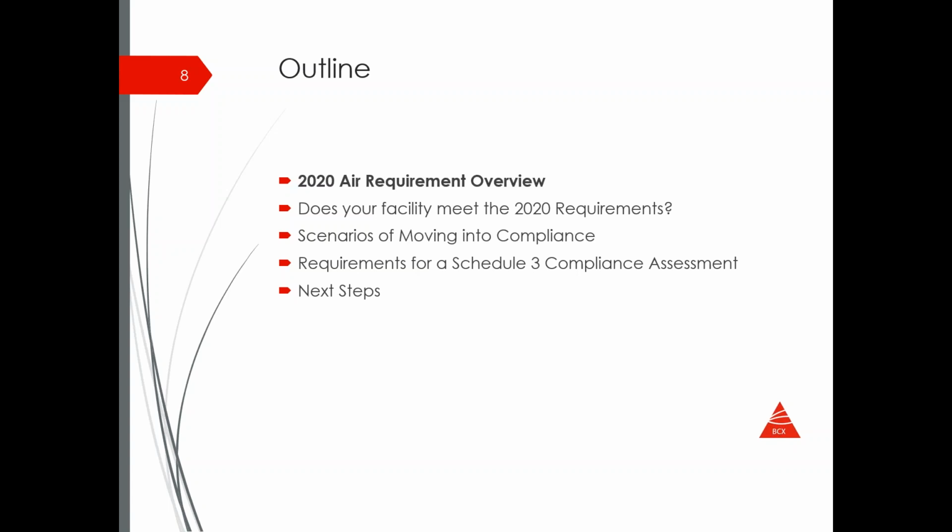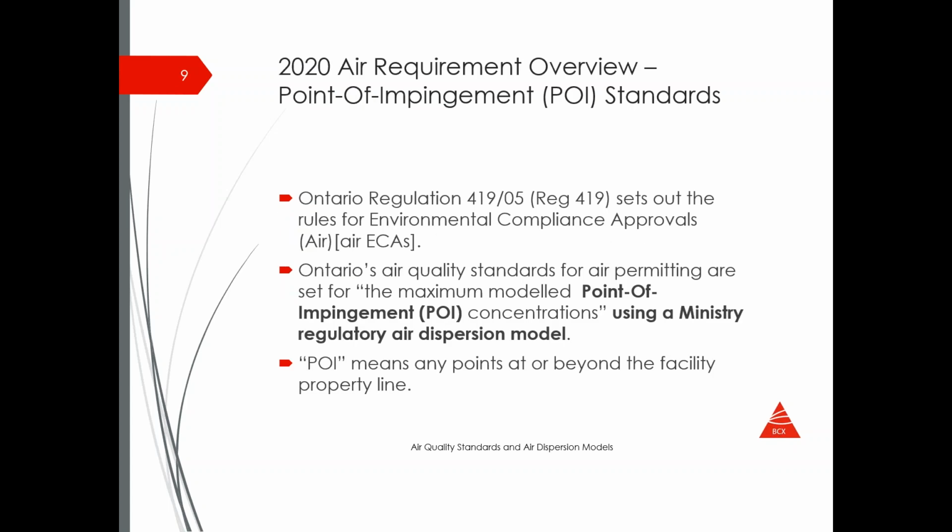So first, let's take a look at the 2020 air requirement. To talk about air quality in Ontario, I want to introduce or review one definition that's very unique for this province. It is called the Point-of-Impingement standard. In Ontario, Regulation 419 is the regulation that governs air quality in this province.